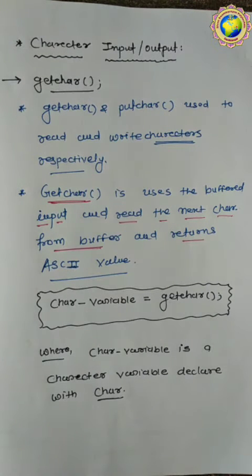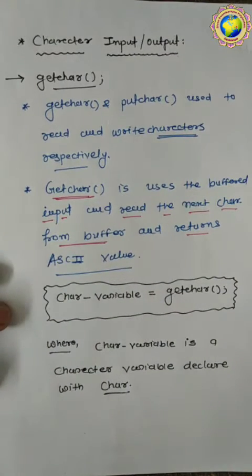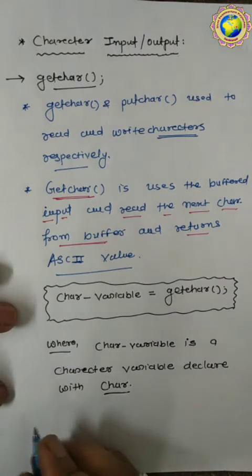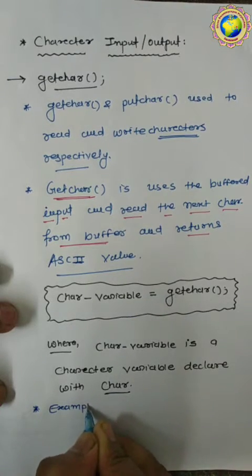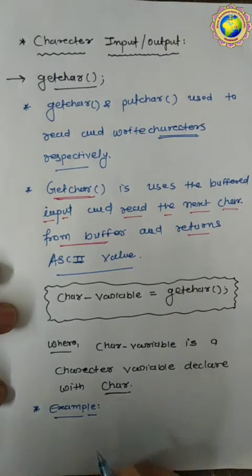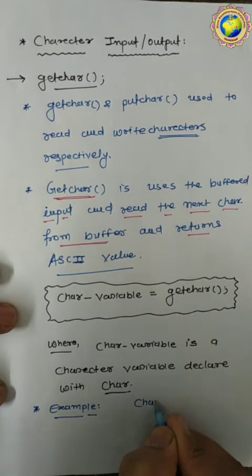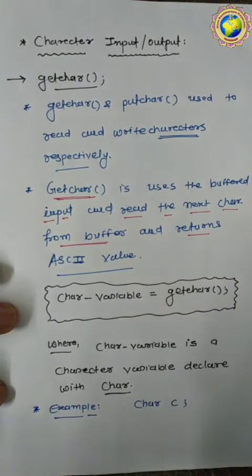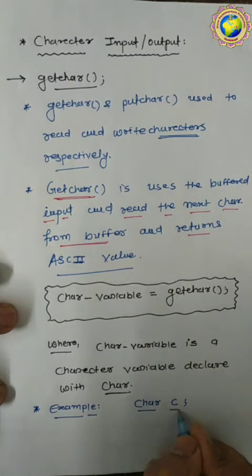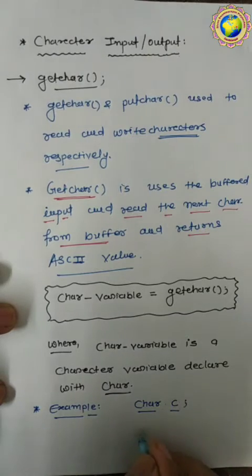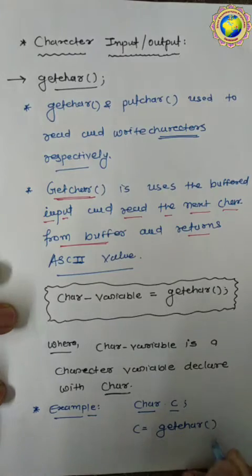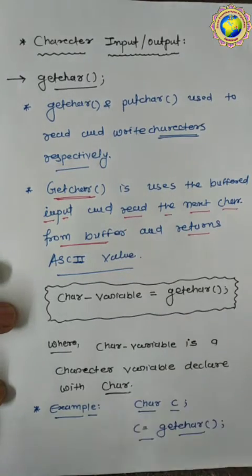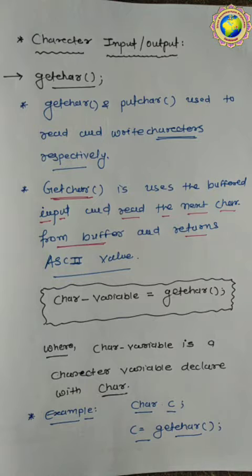So let's see an example. Here, char c; this is the data type and this is the name of the variable, and c is equal to getchar.